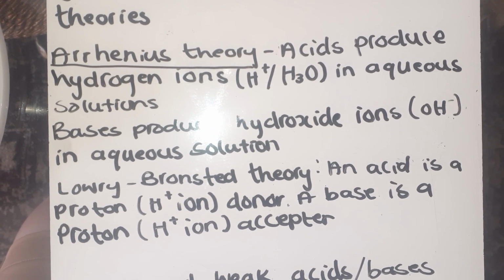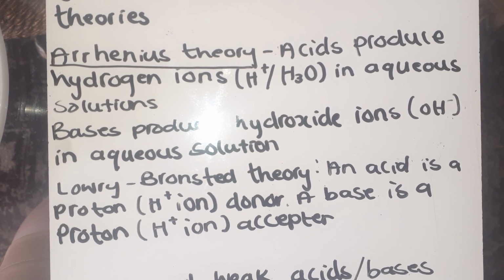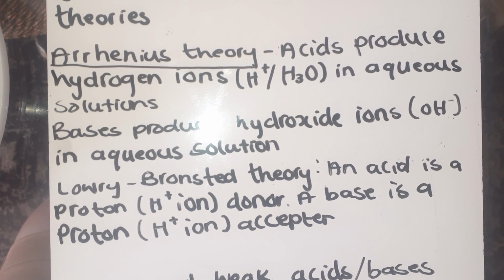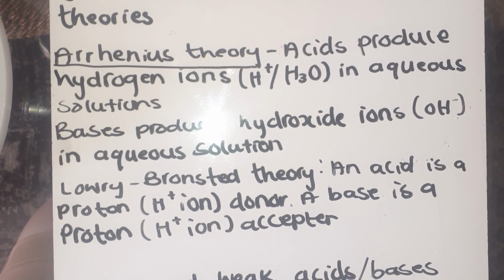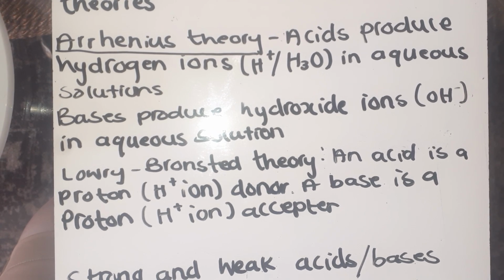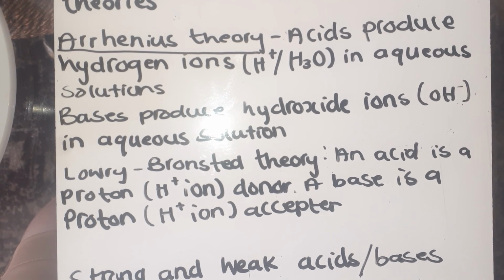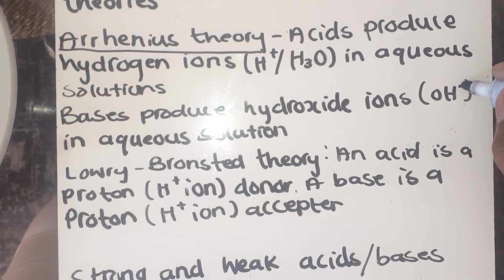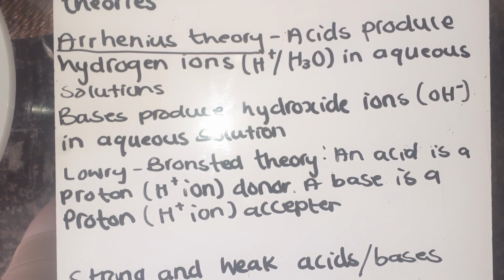You will see when we are doing reactions that whenever you have an acid, you are going to have an H3O+ in that equation as an outcome. And bases produce hydroxide ions in aqueous solutions, so you will have an OH with a negative on top with regard to bases. Keep that in mind.